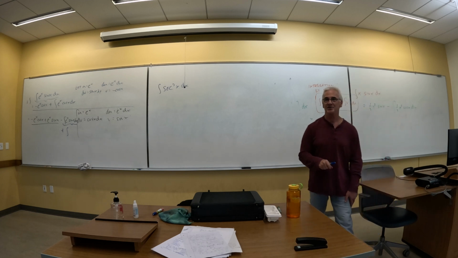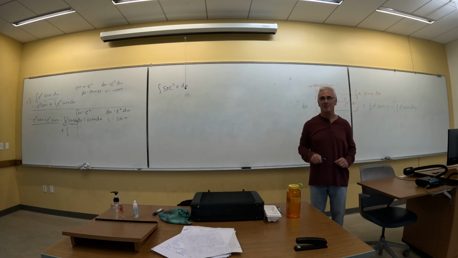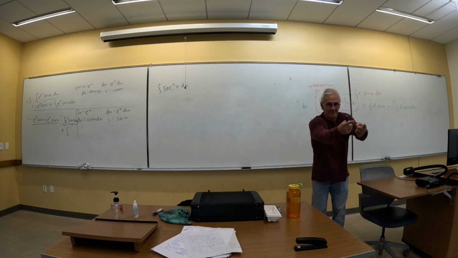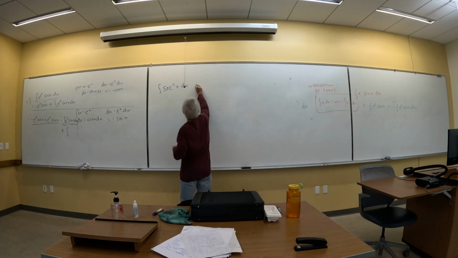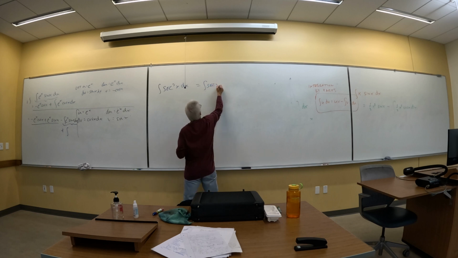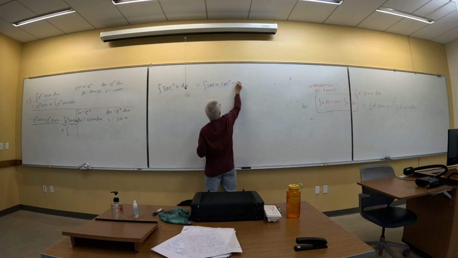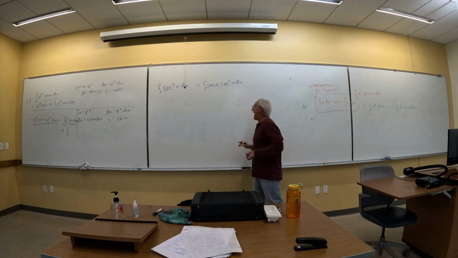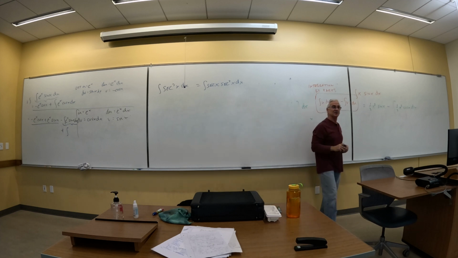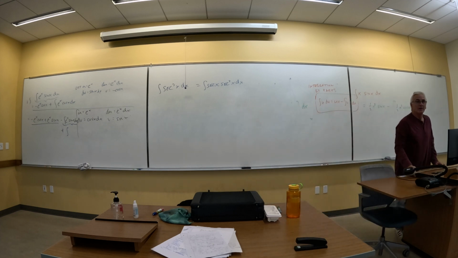So you got any suggestions here? Let's make it an integration by parts problem. Split it into secant squared times secant. First step, let's make it secant x times secant squared x. Is that legal? Well, yeah, and now I can use integration by parts. I can either integrate the secant or differentiate the secant.